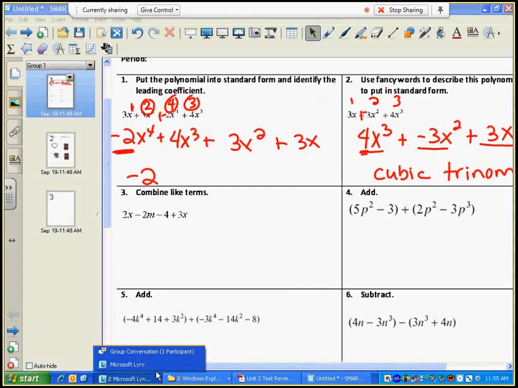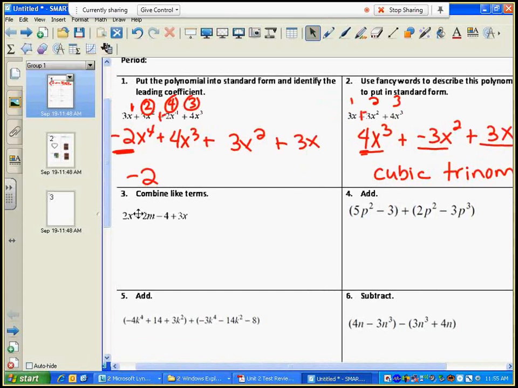So my terms. The first thing I'll do is rearrange, so I'll have 2m plus negative 2n plus negative 4 plus 3m. So let's see here.